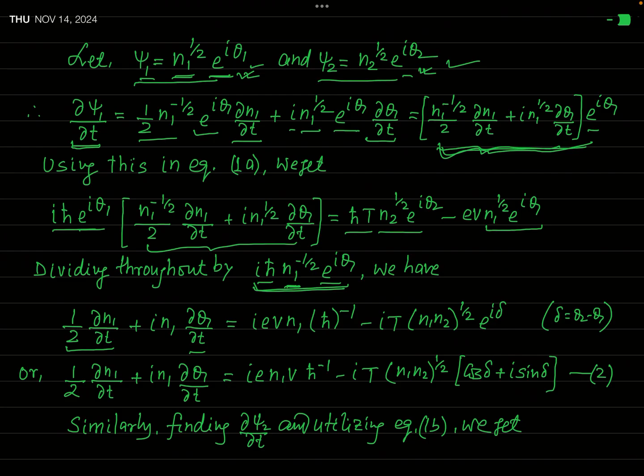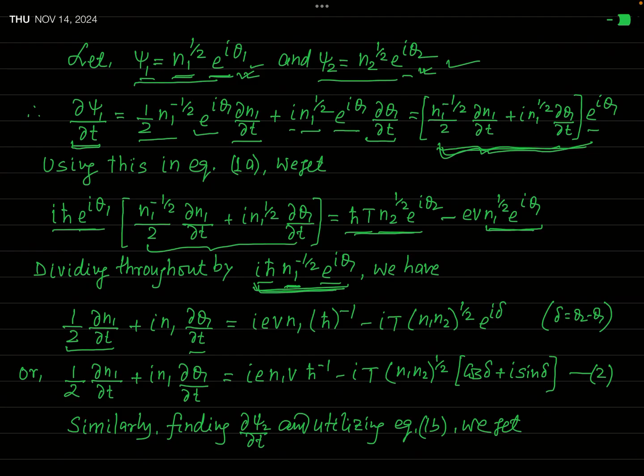And now let us divide both terms of this RHS by this factor, that is iħ N1^(-1/2) e^(iθ1). So let us see. When you divide it here, in the second term there will be 1/i, and 1/i is equal to minus i, and the minus sign is already present here, so that will be plus.